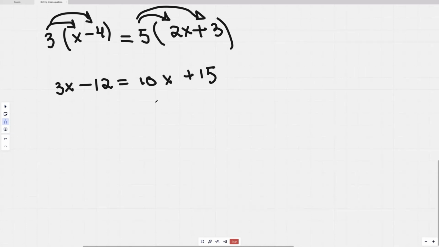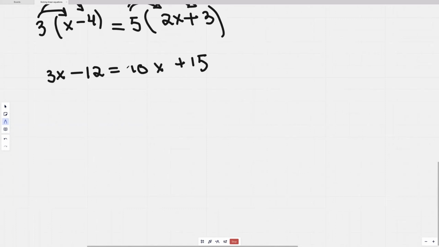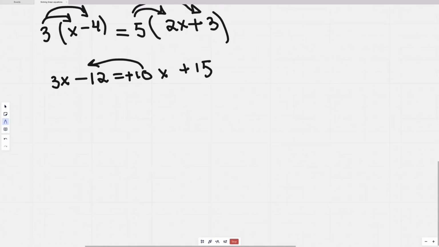All right. So the same rule: the first thing we have to do is move the x's to one side and the constants to another side. So let's move the 10x, this positive 10x, to the left side. As I told you, the signs will be changed to the opposite sign.